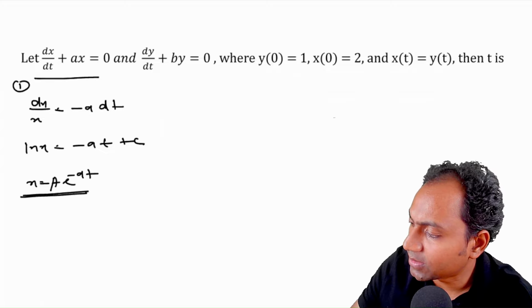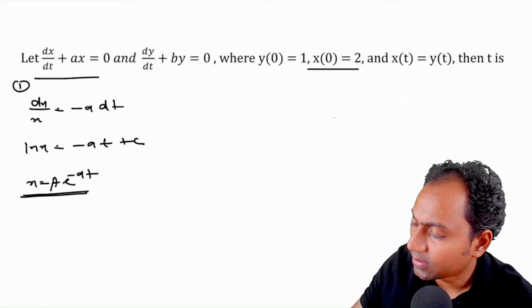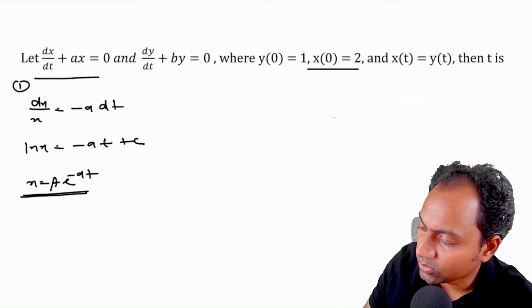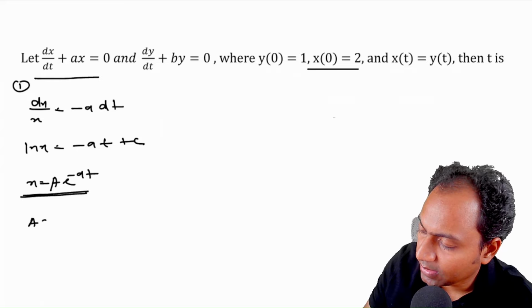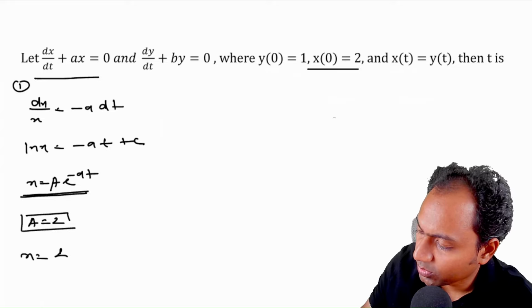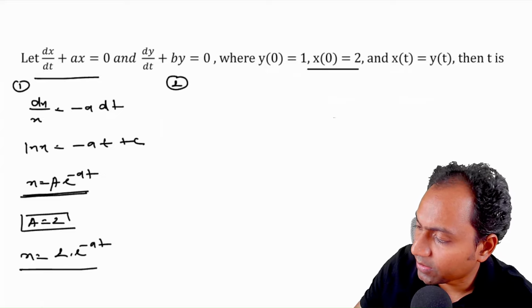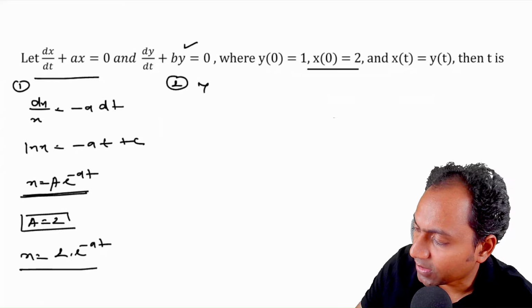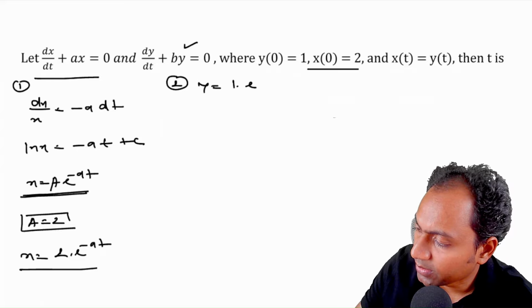Now what they have given is, if I put t equal to 0, x equal to 2, so A will become equal to 2. So you can see that it comes out to be 2 e raised to the power minus at. In the second part, if I solve, y will come out to be 1 into e raised to the power minus bt.